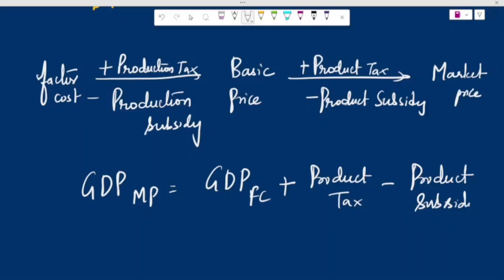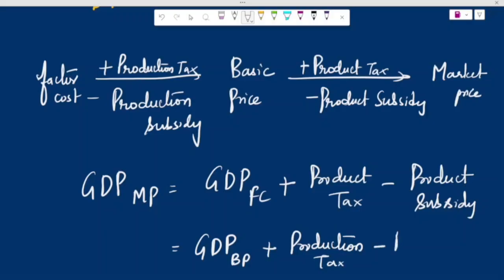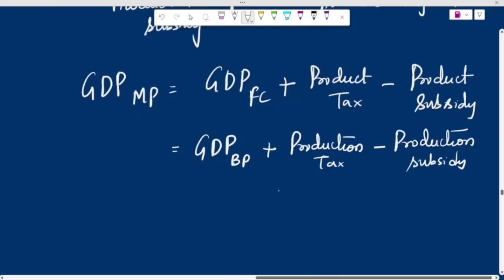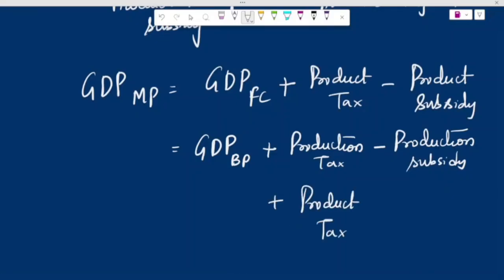Now in the place of GDP FC, I'll be writing that GDP at basic price plus production tax minus production subsidy plus product tax minus product subsidy.